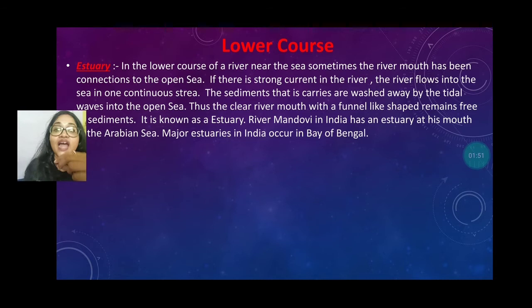At that time the clear river mouth with a funnel-like shape, free of sediment, is known as an estuary. This is the opposite of the delta.